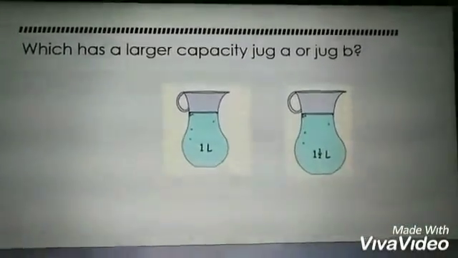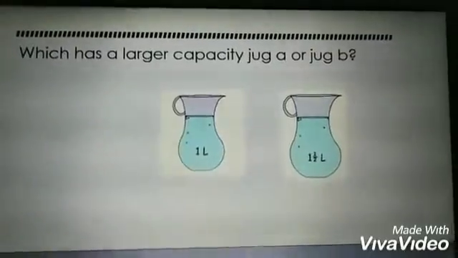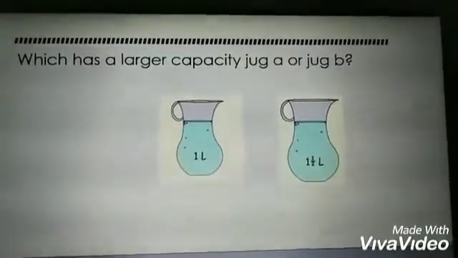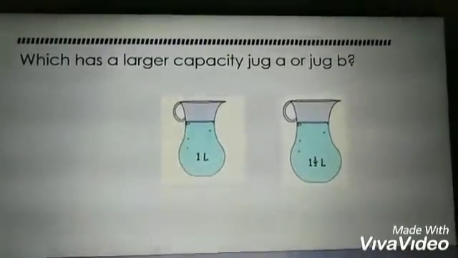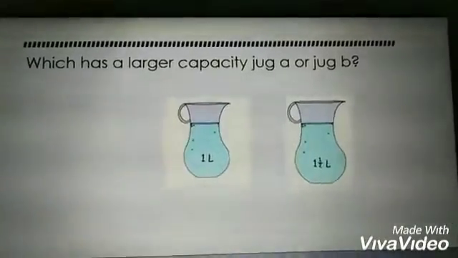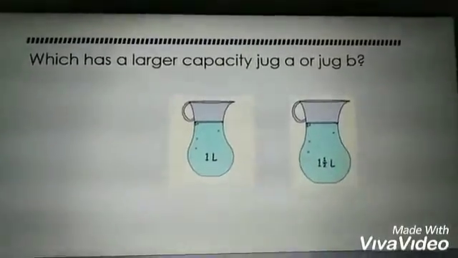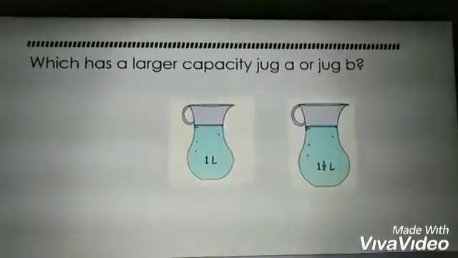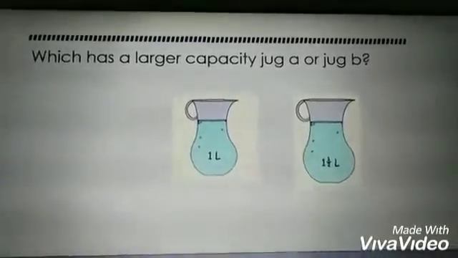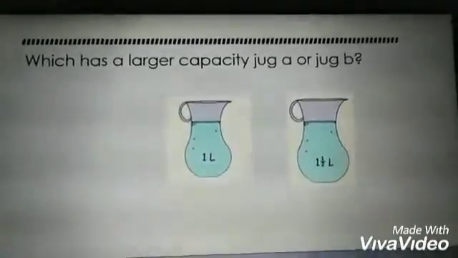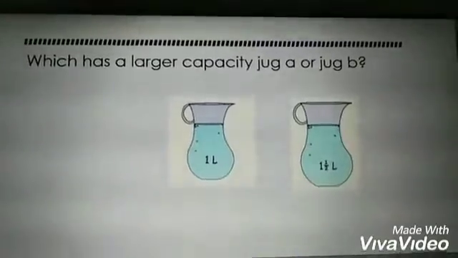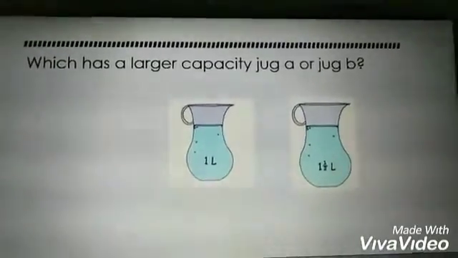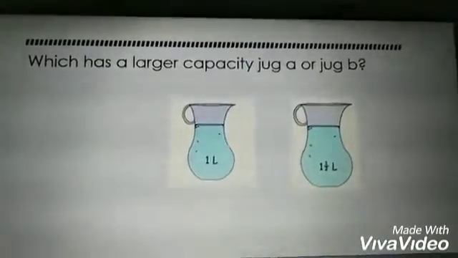Now, look at these two jugs and decide which has a larger capacity, jug A or jug B. To decide which one has the larger capacity, you have to find out the capacity of each one of them. As you can see, the capacity of each jug is written on it.